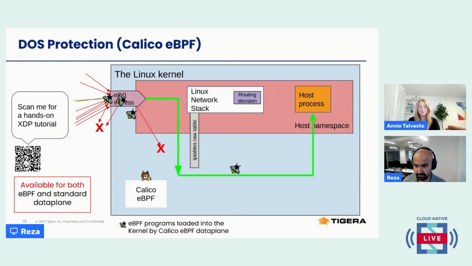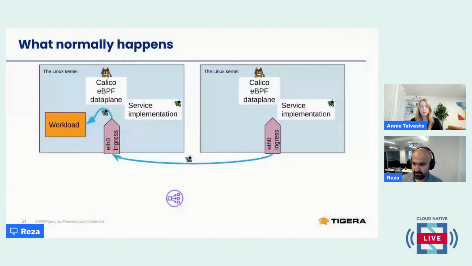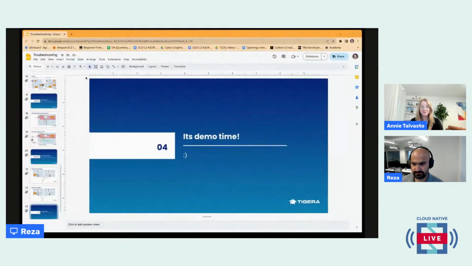If you would like to try this scenario, just scan the QR code and you will be presented with a live environment that allows you to fiddle around with the XDP policies. All right, so now that we talked about these, let's go to the demo part.